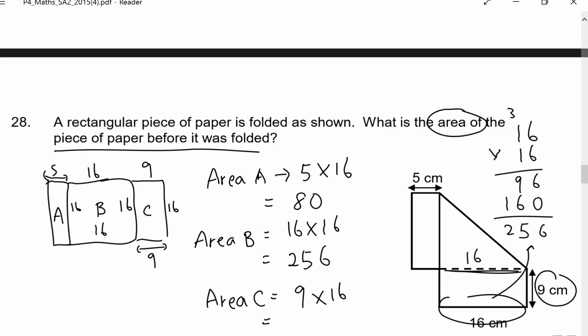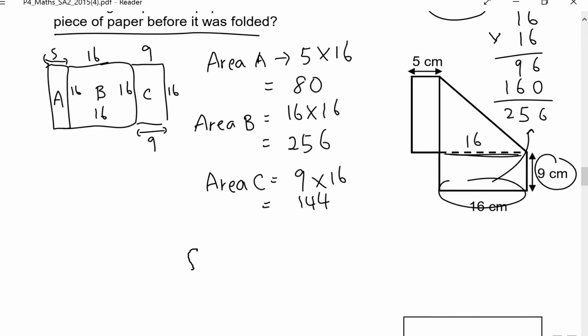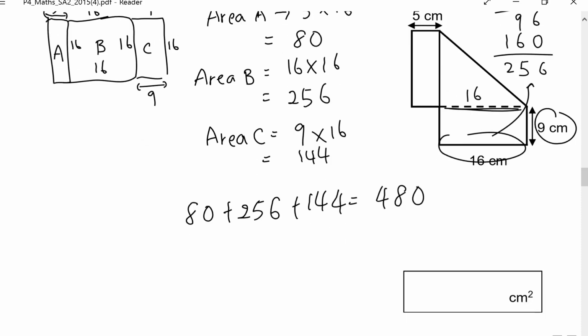So times 16, I'll have 16 times 9, let's see. I have 144. Okay, so the final step is just to add up the 3 areas, which is going to give me, if you add it correctly, 480.